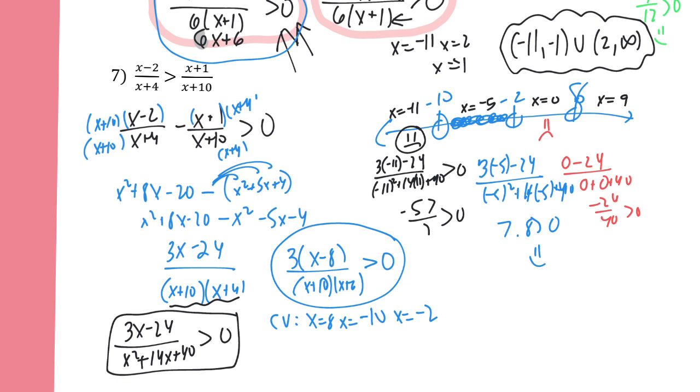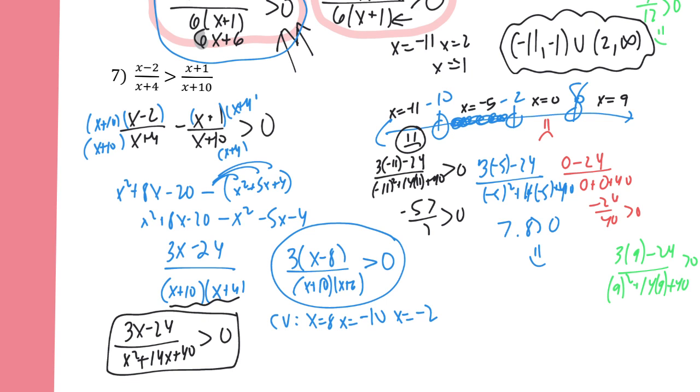The next group is try 9. I bet you it's going to work. So let's try 3 times 9, and then minus 24, over 9 squared plus 14 times 9, and then plus 40. Is that greater than 0? Yes or no? Grab a fraction and jump right in. 27 minus 24.